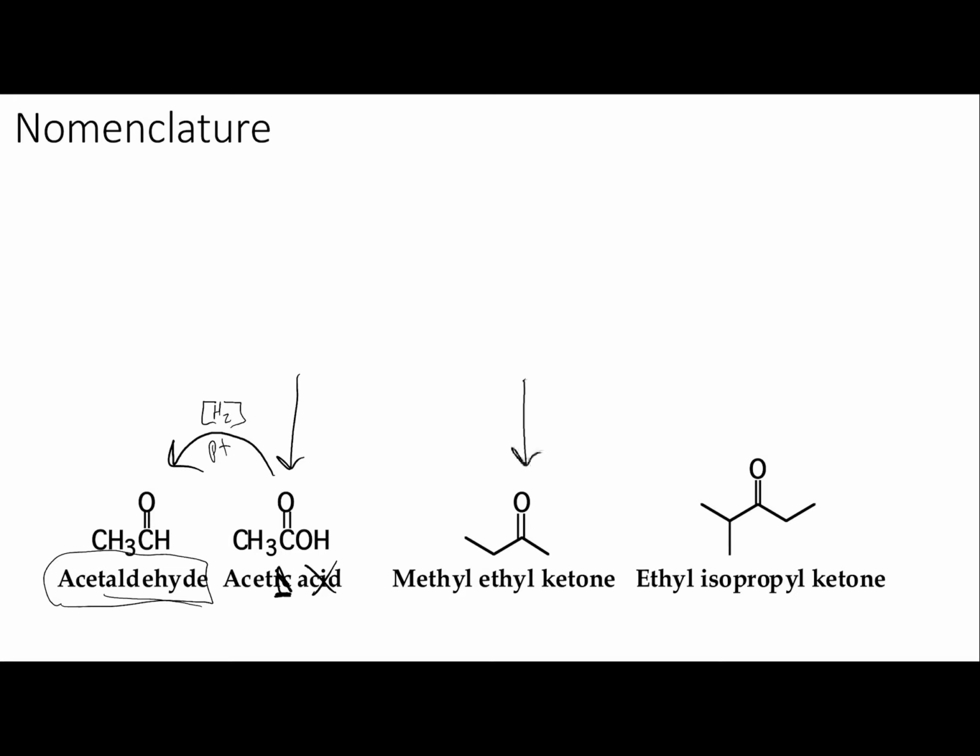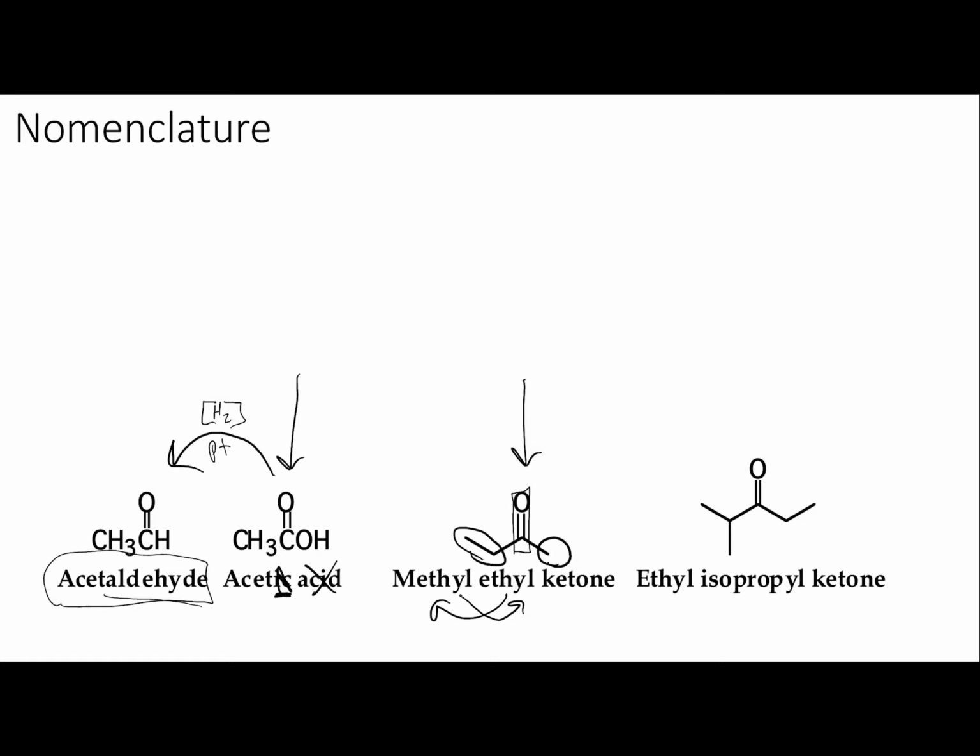So for example, in this case, on the carbonyl carbon, we've got a methyl group and an ethyl group. So we can say in alphabetical order, it should be ethyl methyl ketone. So yeah, this is a typo. Ethyl methyl ketone. Though if you said methyl ethyl ketone, somebody would still draw the same thing.